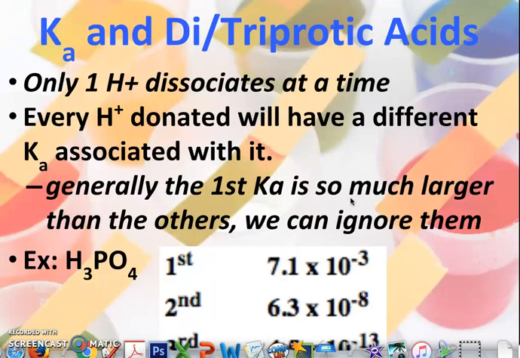So if we're thinking significant figure-wise, really that first hydrogen coming off is going to be the only significant contributor of H plus ions into the solution. The second and third are going to be relatively so much smaller. We generally, in a multi-step problem, would ignore them. They're not going to give us enough H plus to make a noticeable difference in that pH.